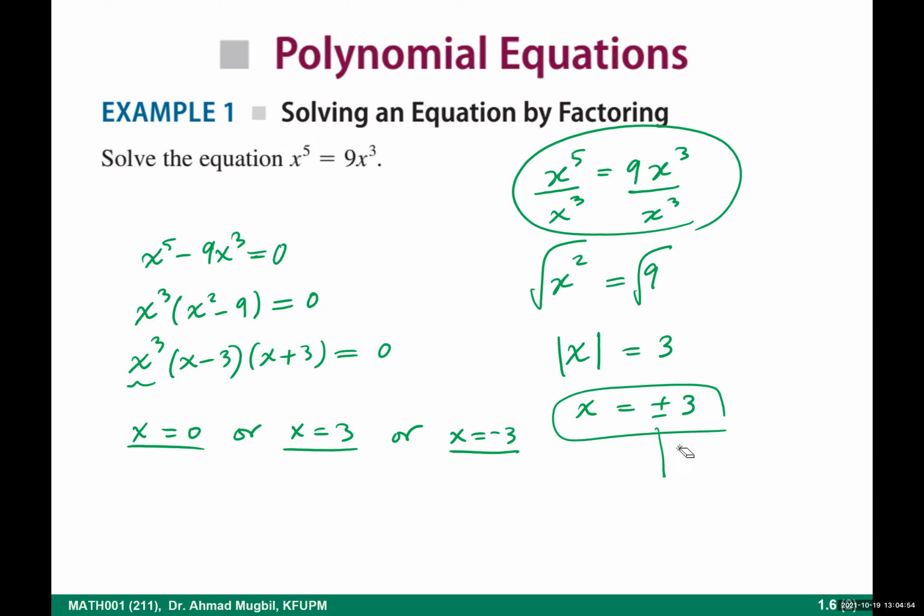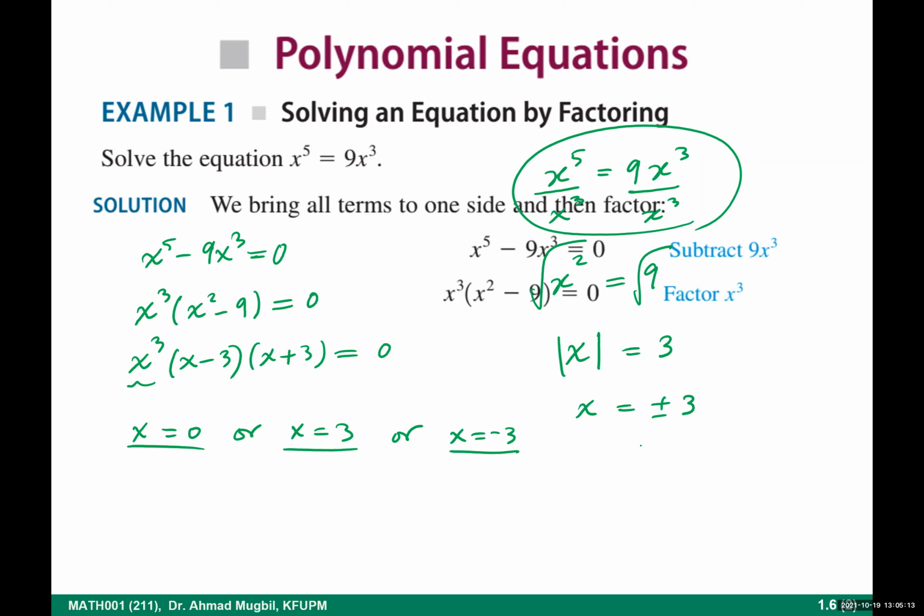So what is the lesson that we have learned from this example? Never, ever divide by a variable that might be 0, unless you are sure it is not 0, because some variables can never be 0, or to be more accurate, 0 is not a solution for them. So x equal to 0 is not a possible solution for this.